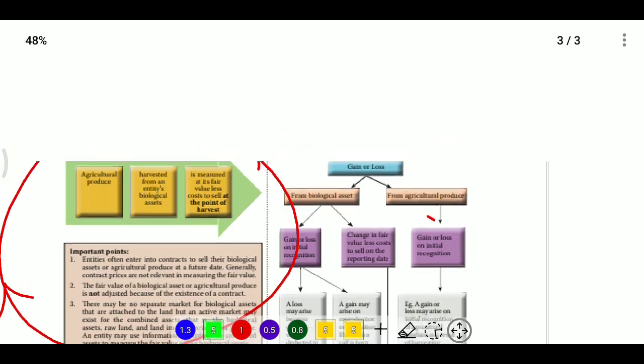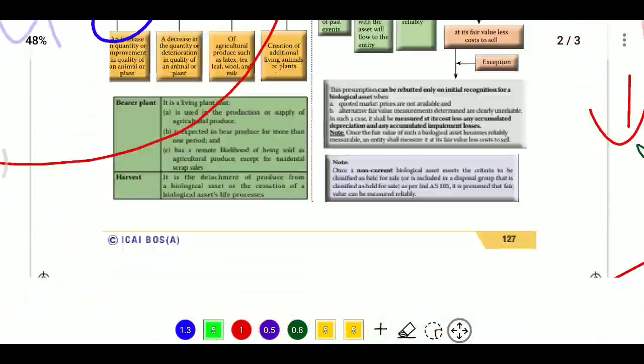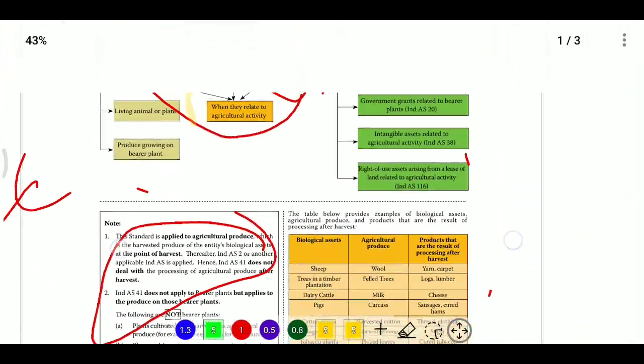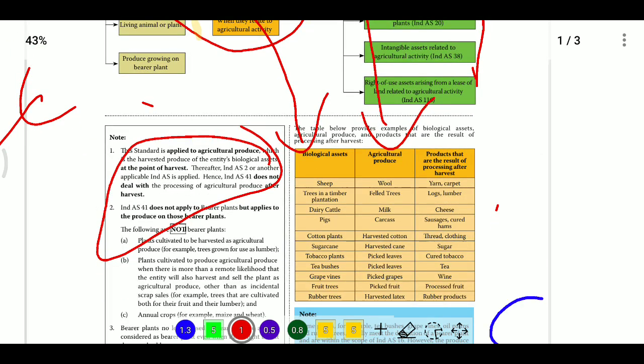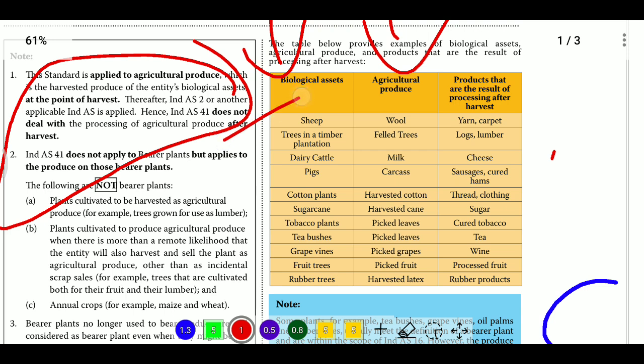Now, after that, what is included in these assets, and what is a biological asset? Examples of biological assets, agriculture produce, and products resulting from processing after harvest: a biological asset is a sheep, agriculture produce is wool, and the product resulting from processing after harvest is yarn or carpet.